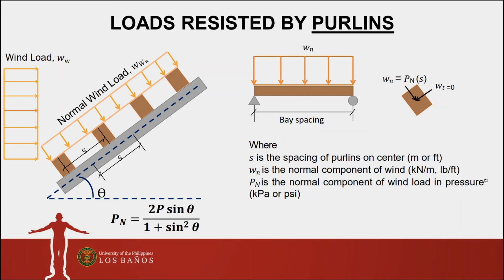Okay, so in this case, for the wind load, we're only considering the normal wind load, or rather normal to the surface of the purlin, since the application of load for the roof will be the forces acting perpendicular to the roof surface. Okay, so the length of the span considered for the purlin will be the base spacing for the rafters.